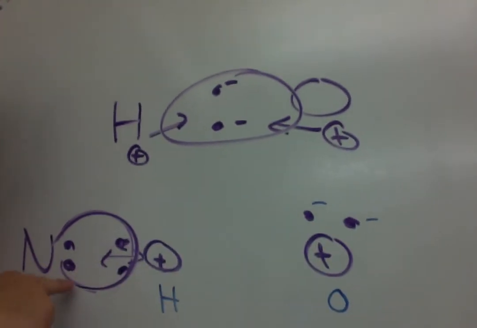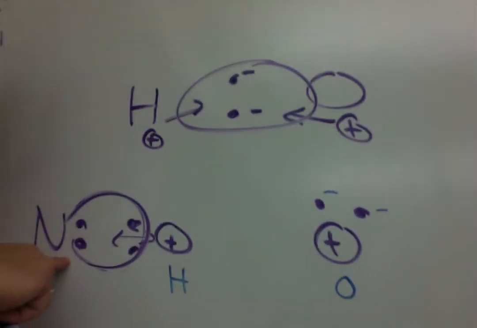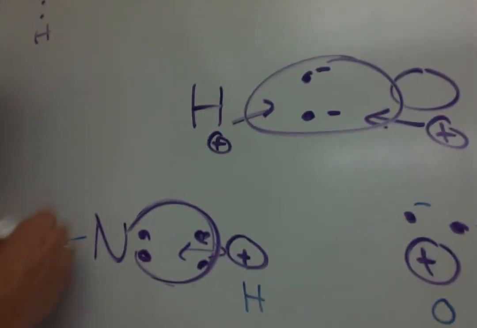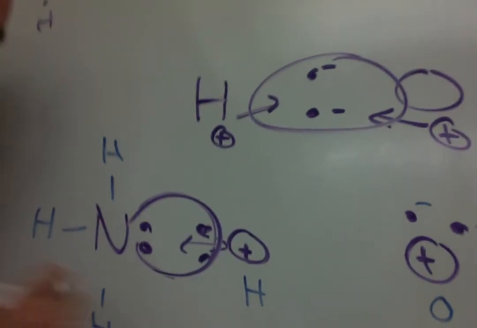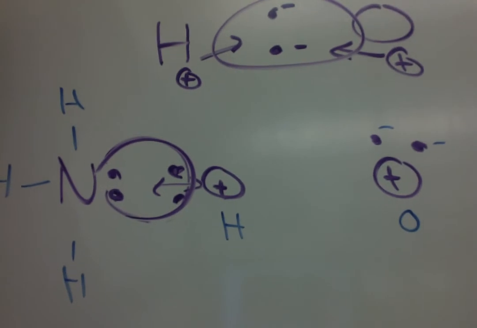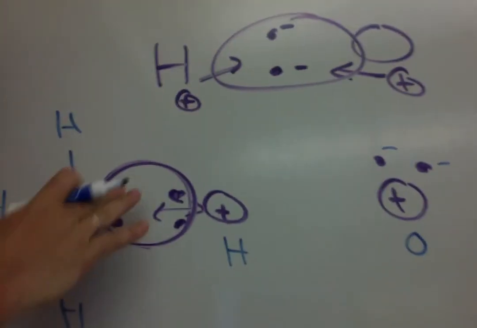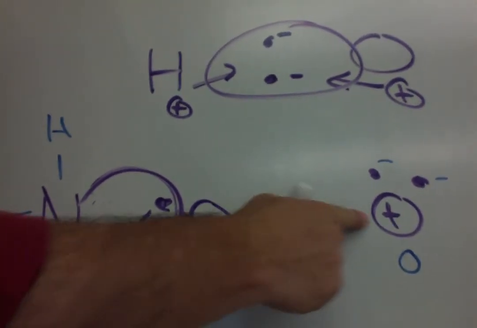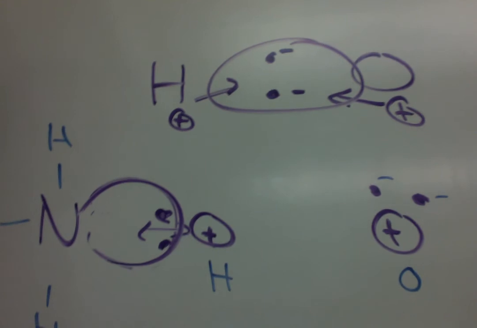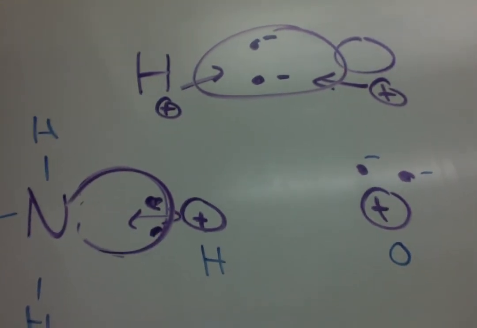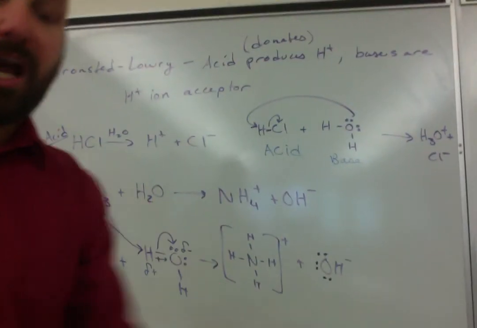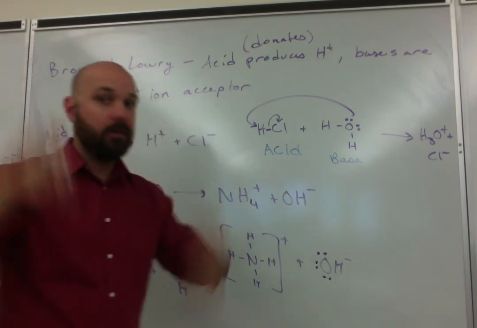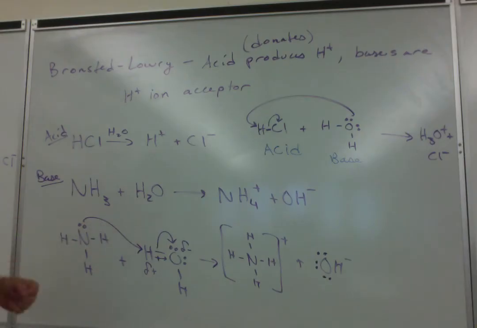Well, this is the case where the lone pair on the nitrogen ends up attracting that hydrogen nucleus that doesn't now have a very strong bond with the oxygen. So that's how nitrogen is able to take the hydrogen from oxygen.